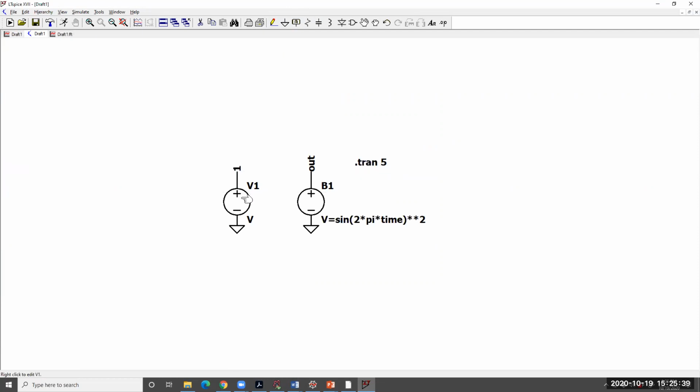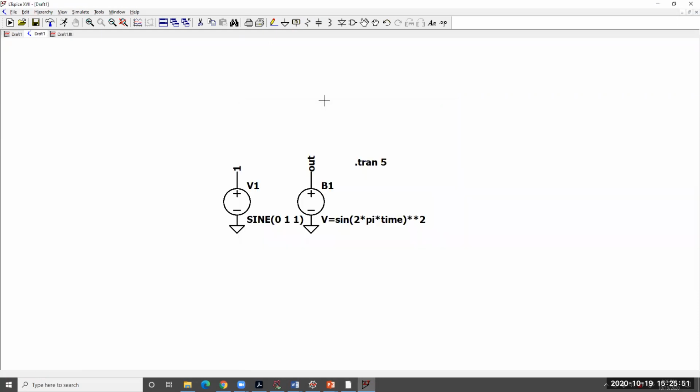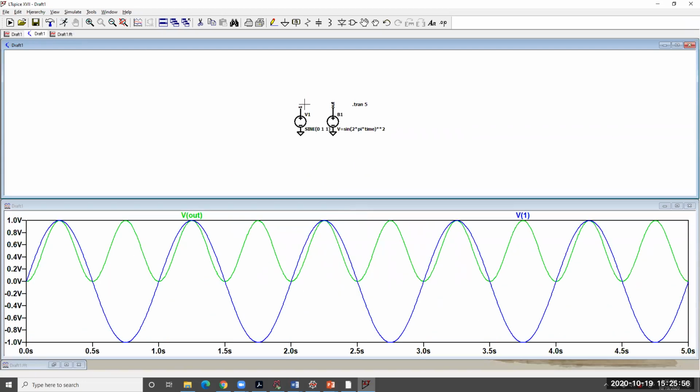Let's just do it just so we can visualize it. And so this is just the square of the other.